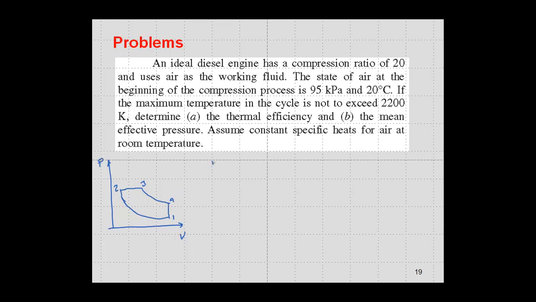As for the TS, our isentropic compression is a vertical line. Sorry, this should be 2.